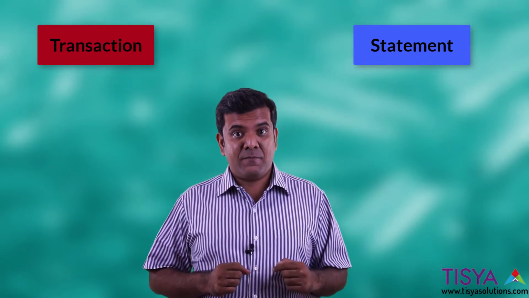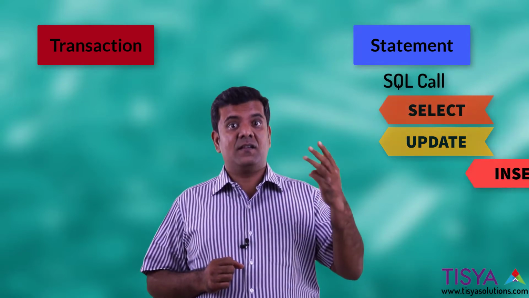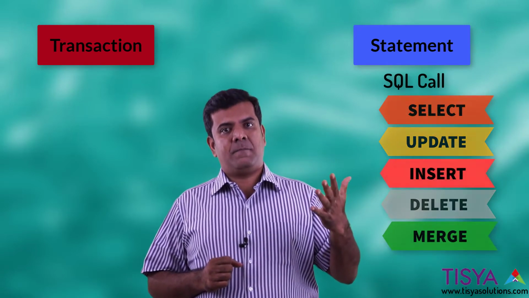So what is the default behavior? We have two things to consider here. Number one, statement level, and number two, transaction level. A statement is a single statement that is being executed. It could be a select, update, insert, delete, or a merge.